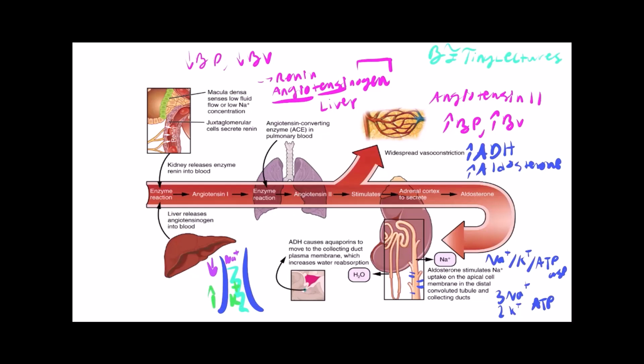In the interstitial space, the amount of sodium is going to increase, and the amount of potassium in the interstitial space is going to decrease. Notice that inside the urine, which is this little teal color, the amount of potassium is going to increase over time, and it pulls potassium away from the body.